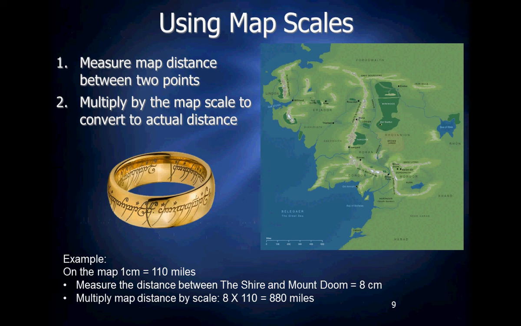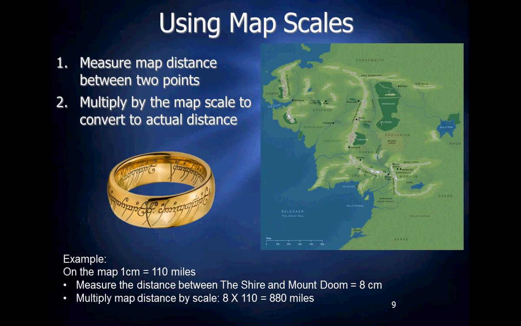It just depends on how big of an area the map is representing. Let's look at an example. When you want to calculate the actual distance between 2 points, you measure their distance on the map using a ruler. Then you look at the scale and you multiply. The distance on the map times the map scale gives you the actual distance. In this map, the scale is 1 centimeter equals 110 miles.